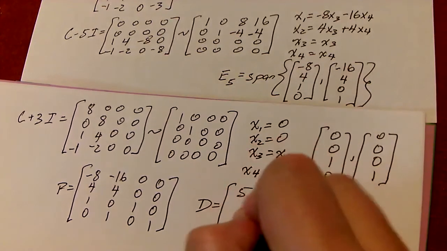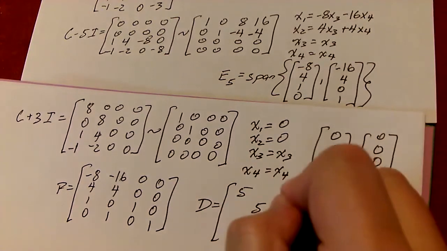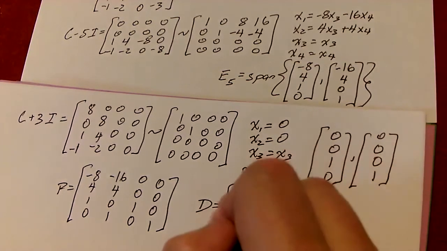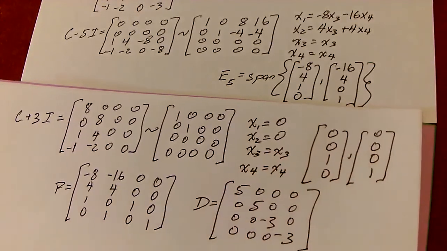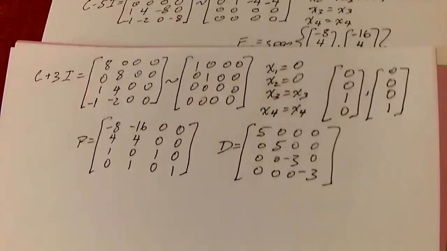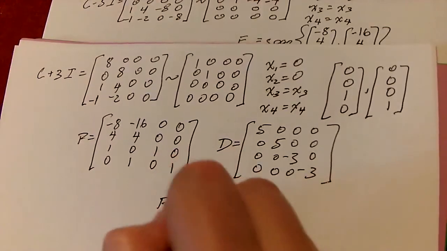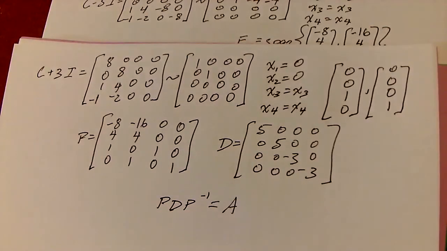So I have to go 5 and 5, and then negative 3 and negative 3. Okay, and then use whatever means you like for finding P inverse if you need P inverse. But I know this is P, I know this is D, and I know then that PDP inverse would be equal to A. So A is diagonalizable.